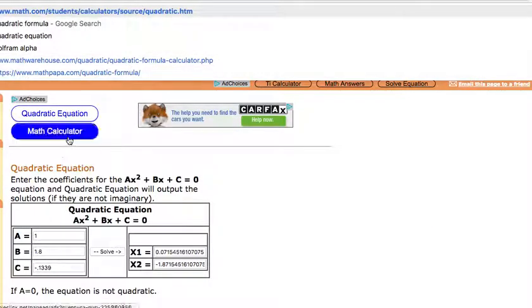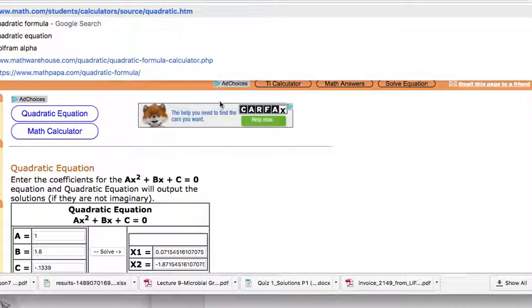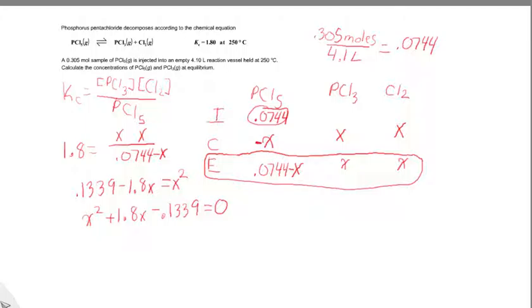Okay, so this is math.com, and it's a quadratic equation calculator. I put my numbers in. I got a negative number. Can't get a negative concentration, so I'm going to use my positive number, okay, of 0.0715, and that is my concentration of x.